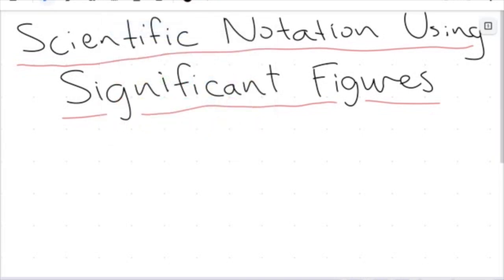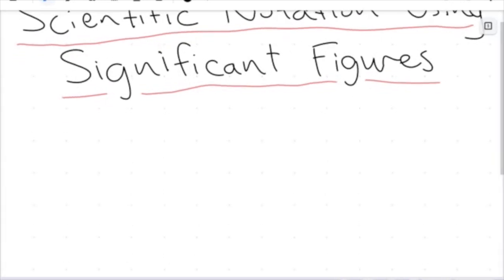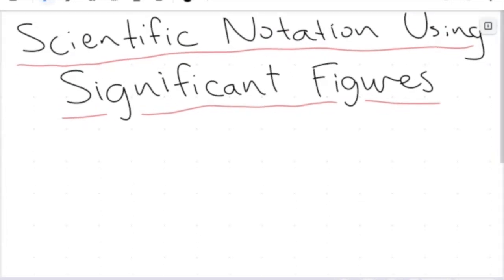Now, let's look at scientific notation first. Scientific notation comes out of the numbers we use in science. So when scientists measure things or they work with certain experiments, they are often dealing with really big or really small numbers.